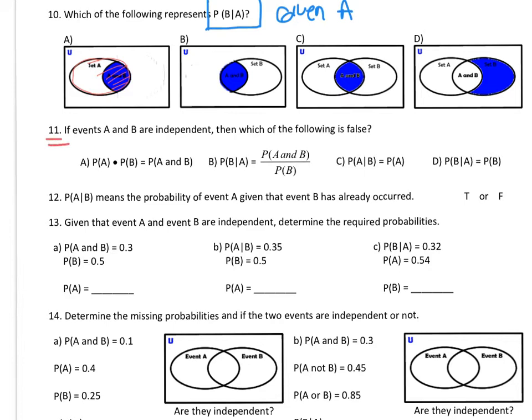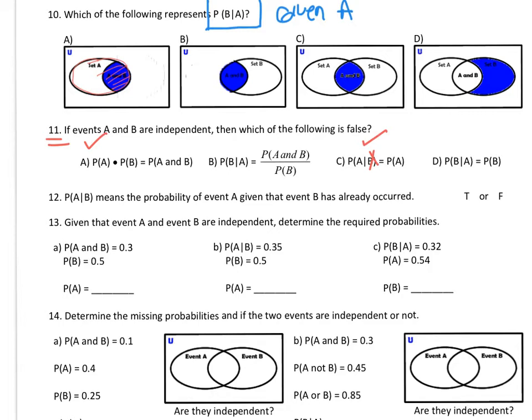Next, question 11. If events A and B are independent, which of the following is false? If they're independent, then yes, multiplying them together is the probability that both things happen. Here, yes, since A and B are independent, then A is not related to B, so given that B happens, it doesn't matter.